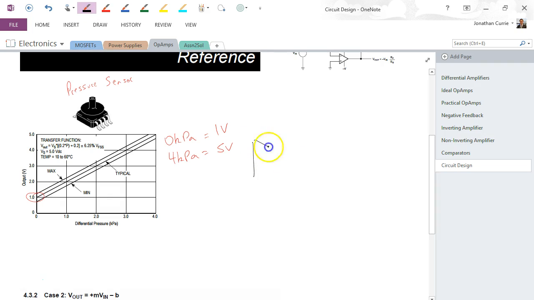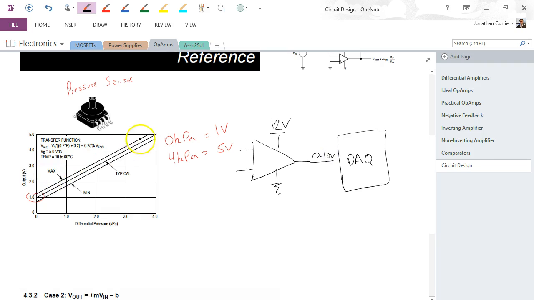So what we want to do is pass that through an op-amp circuit, in this case with a 12 volt supply, through to a data acquisition device which has an ADC which ranges from 0 to 10 volts.